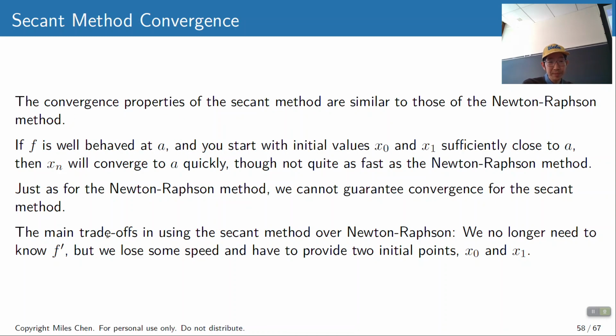The secant method runs into the same kind of convergence issues that the Newton-Raphson method runs into, because they're very similar. The trade-off is you no longer need an exact form for f prime, but you do need two initial starting points, x0 and x1.